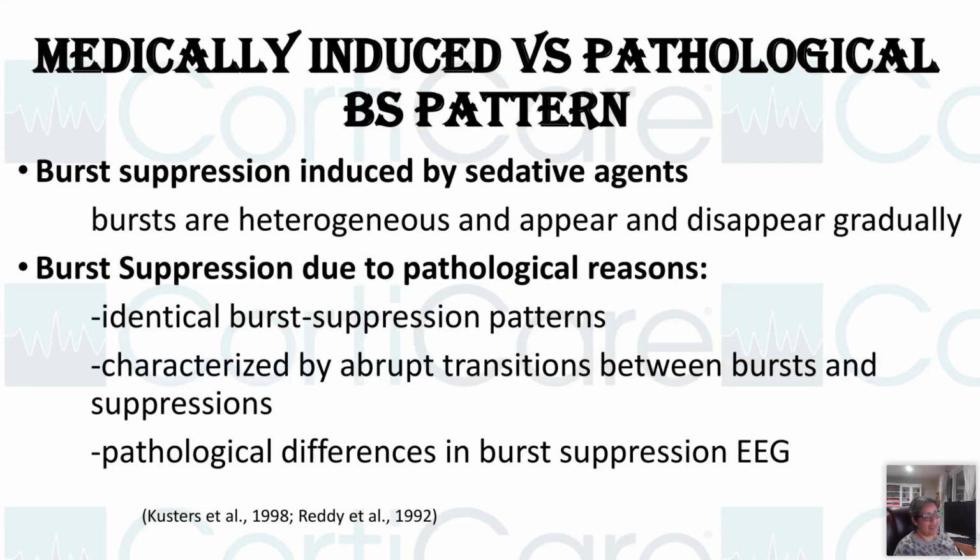You know that there is 5 to 7 seconds of suppression and then the burst will appear, but there is no message coming that a burst is going to come other than the duration. The burst appears, and abruptly the suppression appears. There is no gradual change happening.